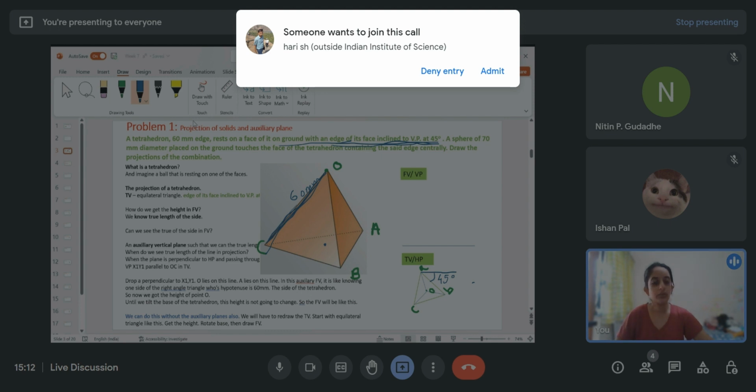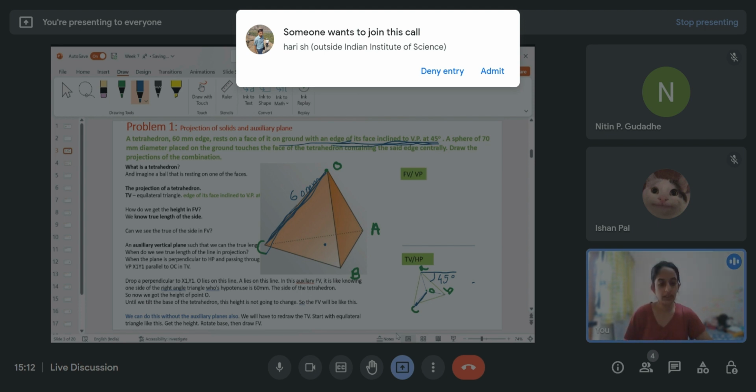plane. Like I have explained before, we see the true length in the vertical plane if the plane is perpendicular to the horizontal plane and it passes through the line whose true length we want to see. So here, before, we used to rotate this projection so that OC becomes parallel to the VP.